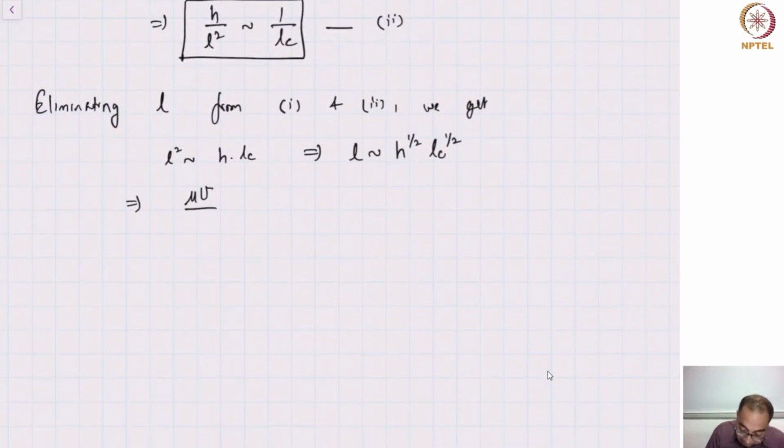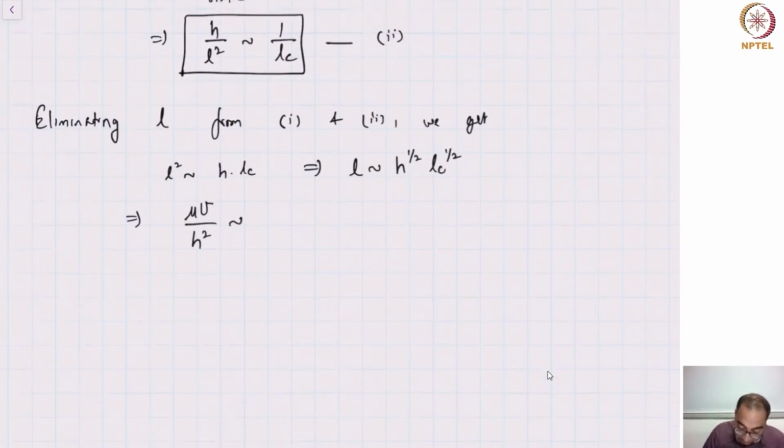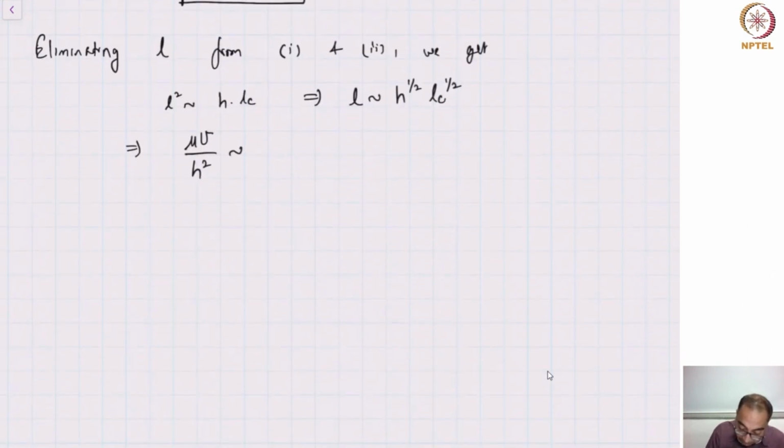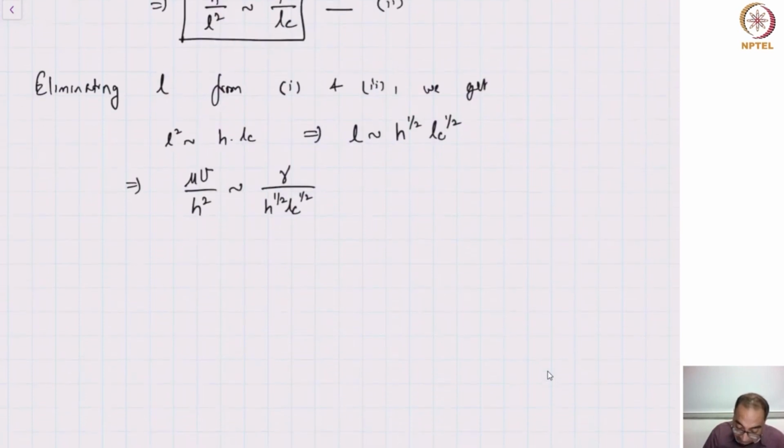Mu u by h square goes like gamma by L, that is h power half, LC power half by LC.